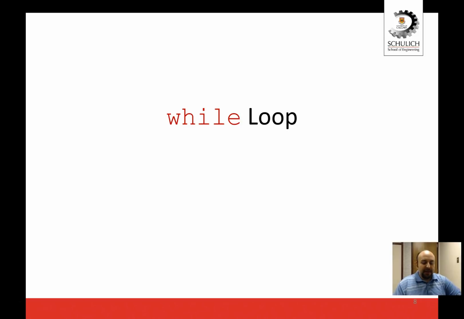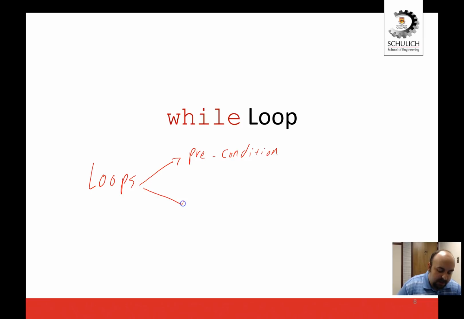All right, so let's talk about the while loop. First of all, let me mention that there are essentially two categories of loops: precondition loops and postcondition loops. A precondition loop is a loop that checks for a condition before going into its block.